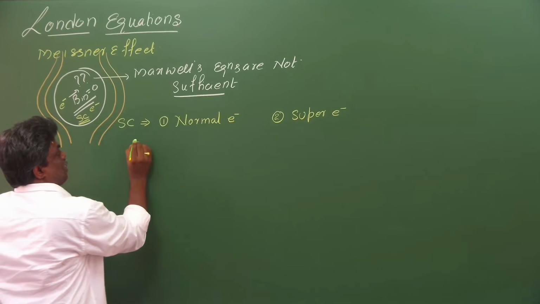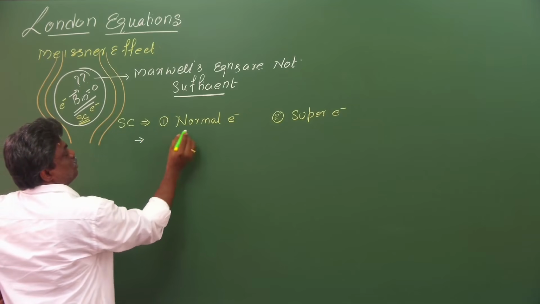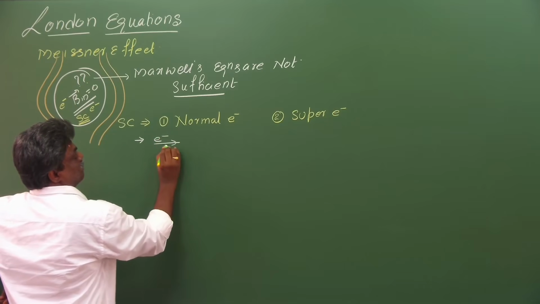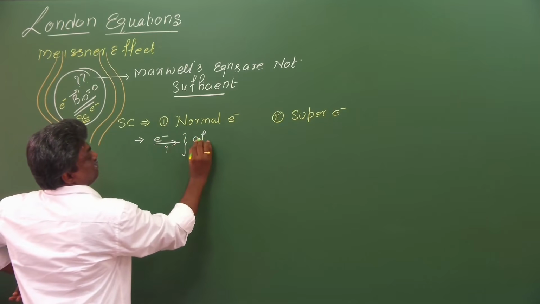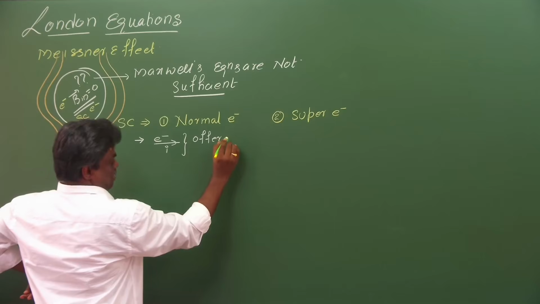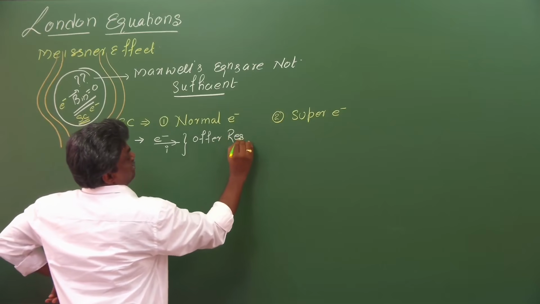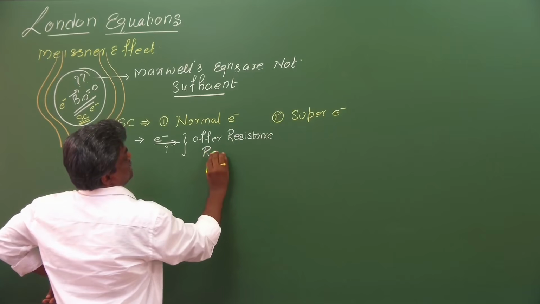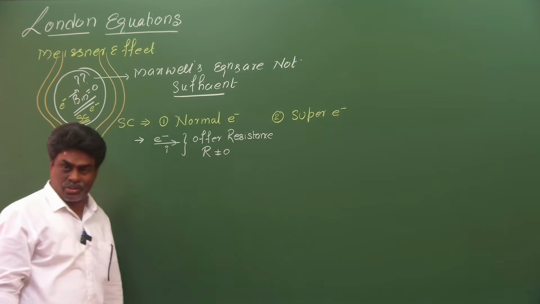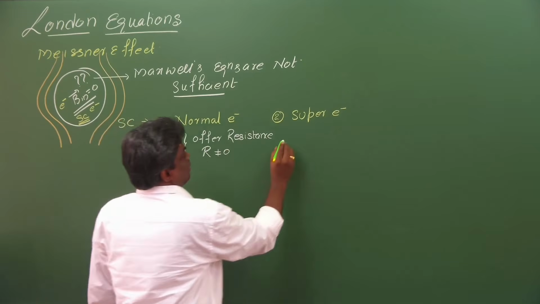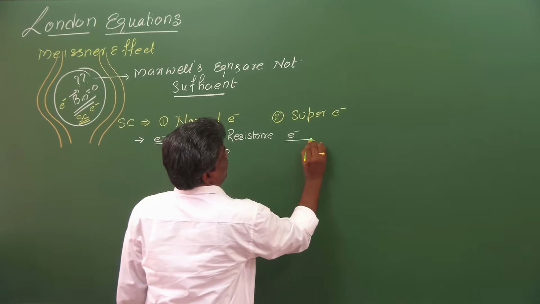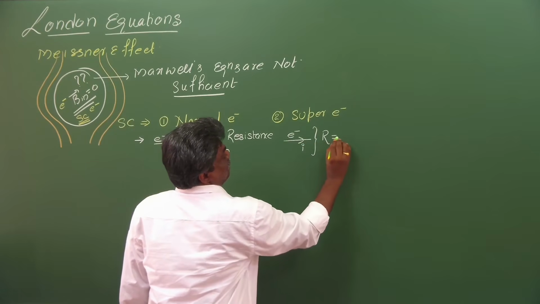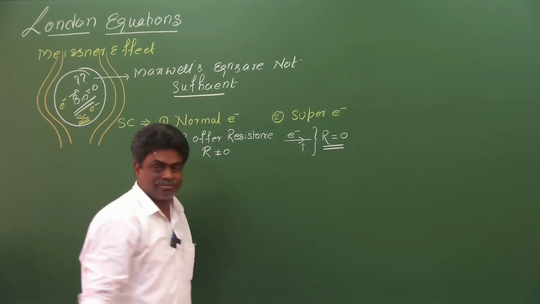What are these normal electrons? Whenever normal electrons are flowing, that is the current flow, so definitely they offer resistance. Yes or no? The resistance is not equal to 0. But for super electrons, if they are moving, there is a current flow, but the resistance is 0.